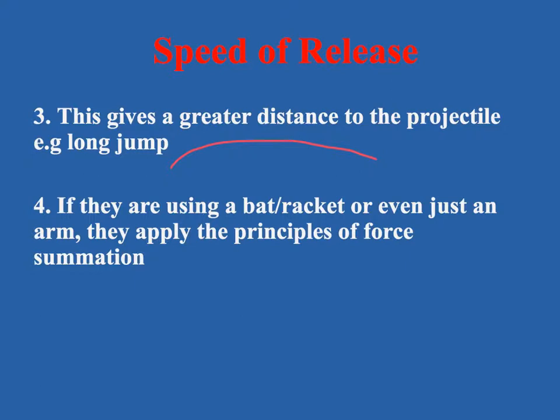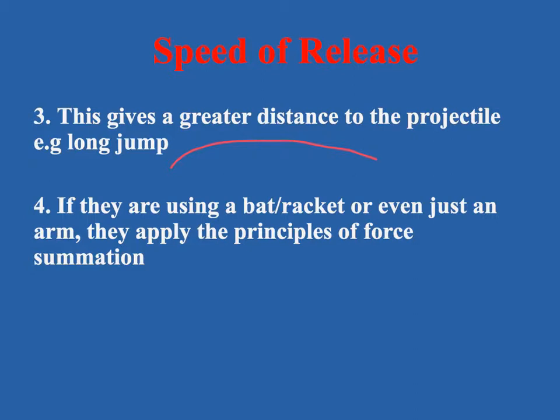How does the athlete ensure a good speed of release for the sport they're doing? Well, as in our previous video about force summation, they have to apply all the principles of force summation to get good speed at the end of the racket, or bat, or hand, or foot, whatever sport you are doing.